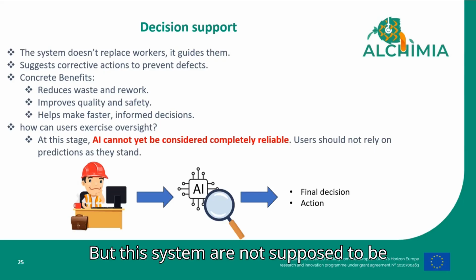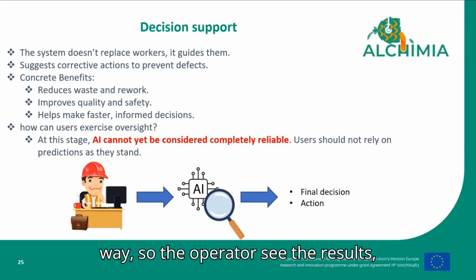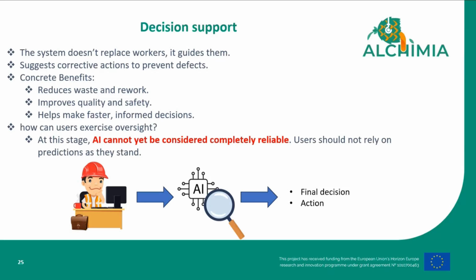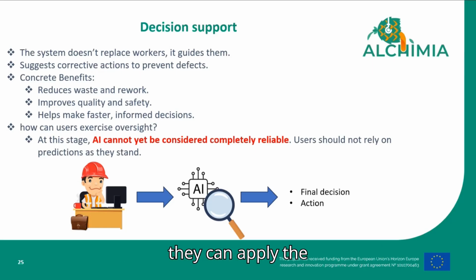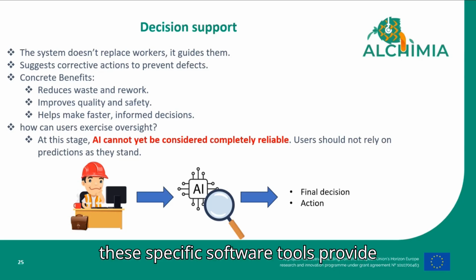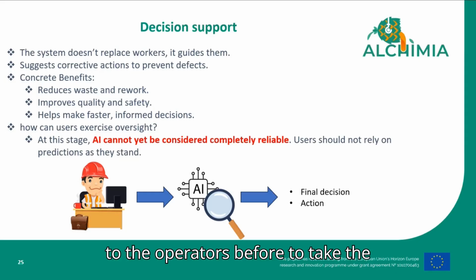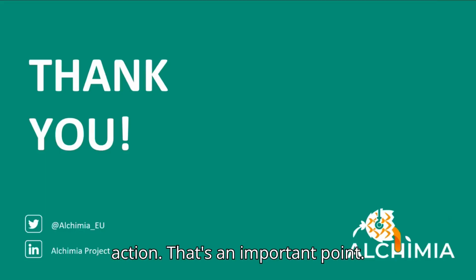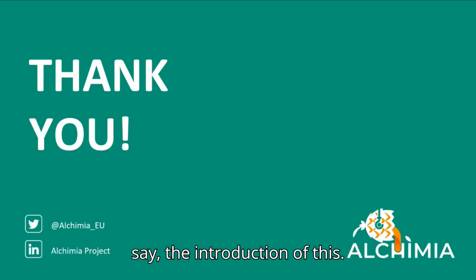But these systems are not supposed to be used in closed loop, so in an automatic way. The operator sees the results, reasons on the results, and understands if they can apply the final decision that these specific software tools provide before taking the action. That's an important point. And that's the end of the introduction.